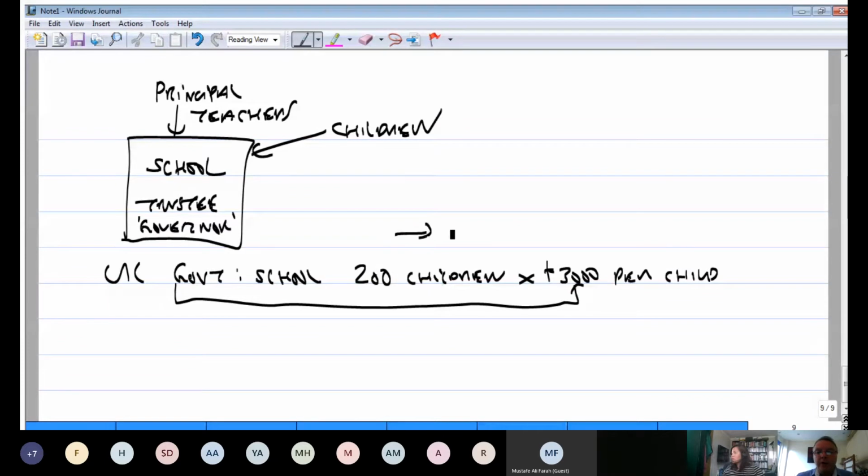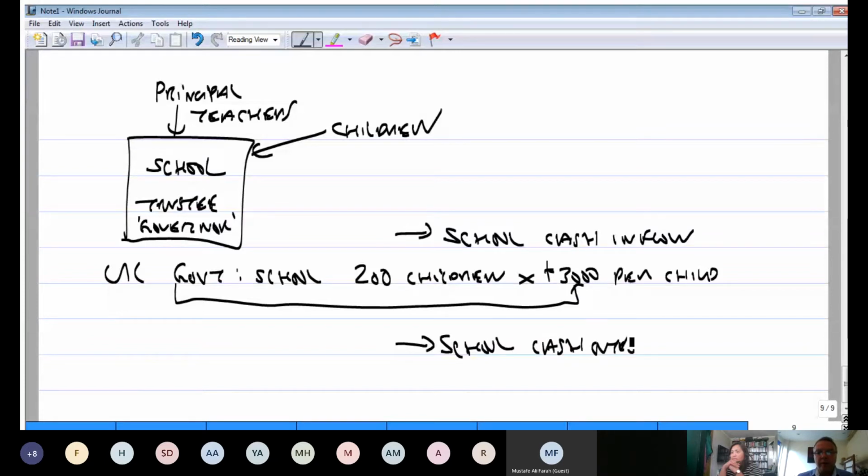So this becomes the school cash inflow. Okay, money received from the government. So we can see based on that, the money coming in, the school cash inflow. But of course, being a school, the cash outflow has got to be carefully controlled, because otherwise they might run out of cash.